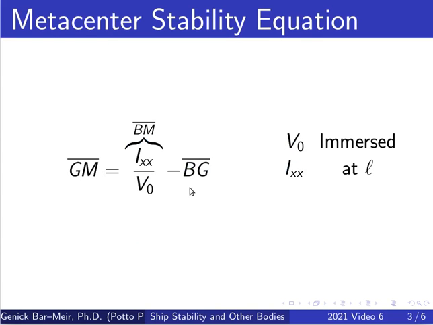If we do the geometric calculation correctly, we're going to get GM equal to the ratio of the moment of inertia divided by the immersed volume, minus the distance between B and G.